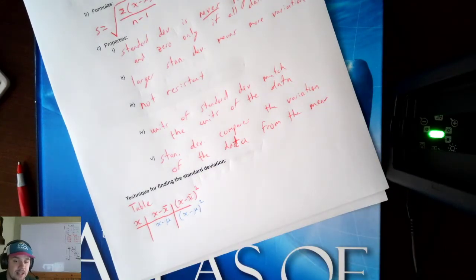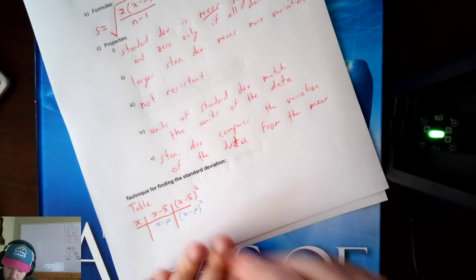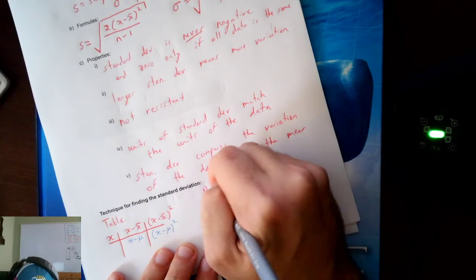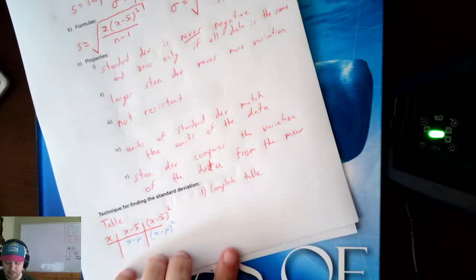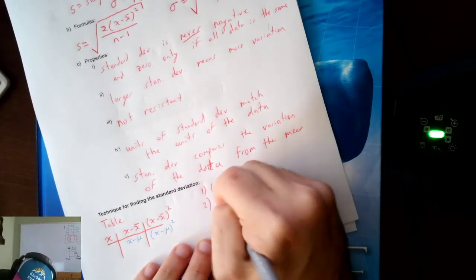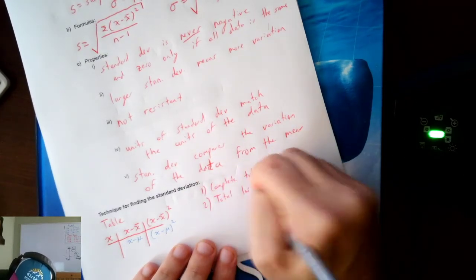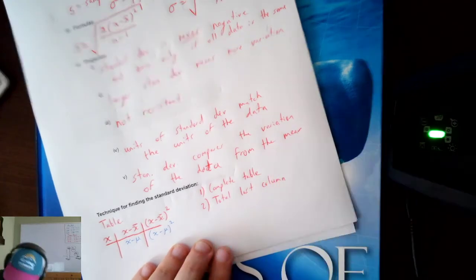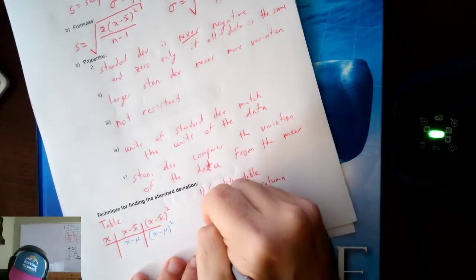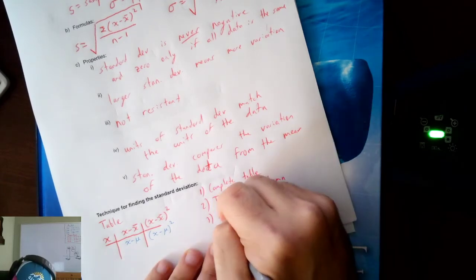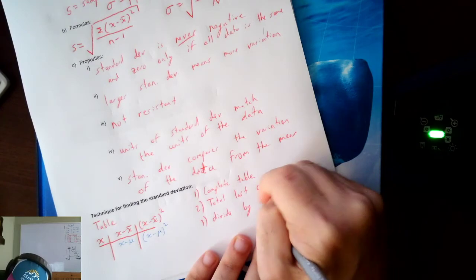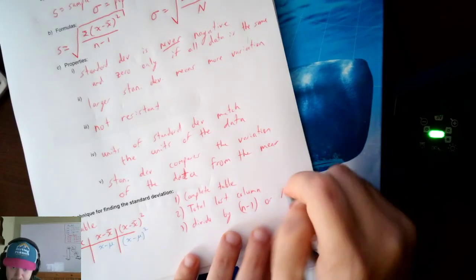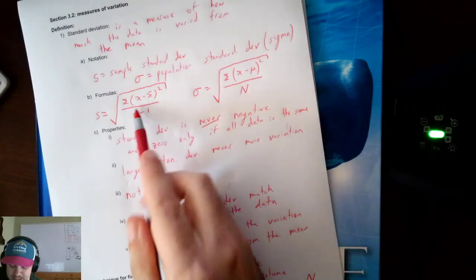So we're going to make a table and fill it out. Step 1, complete the table. Step 2, total the last column: you add up the last column. Step 3, you divide by n minus 1, or big N. Step 3 is where we deal with the division portion.